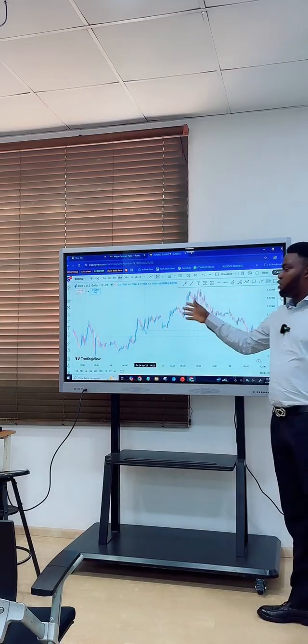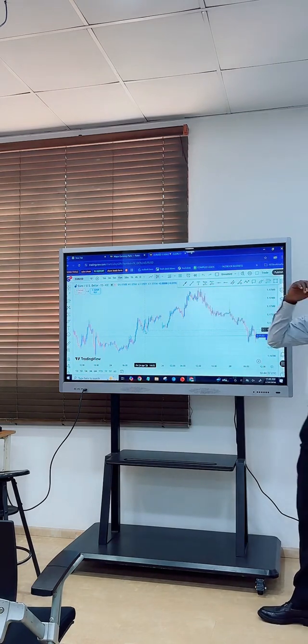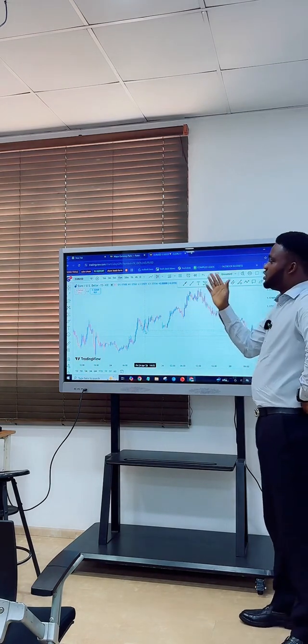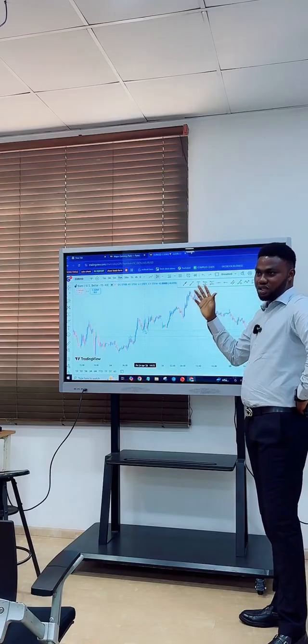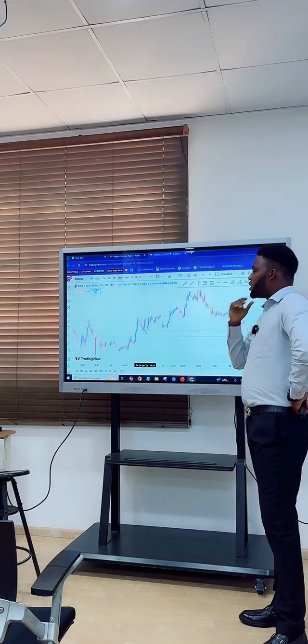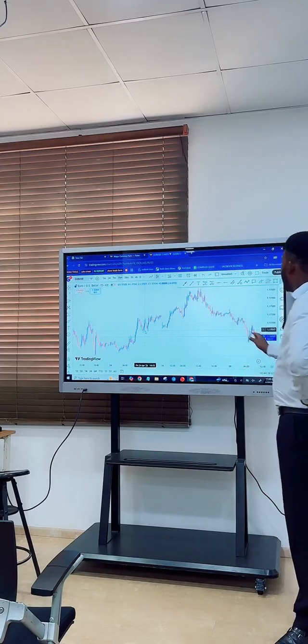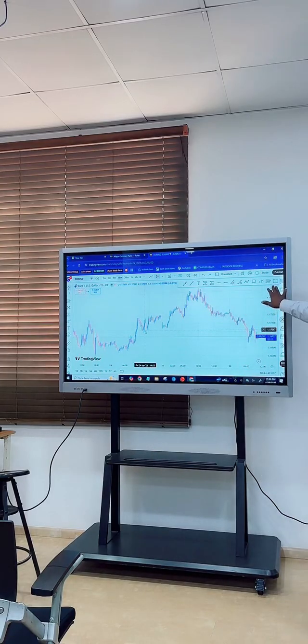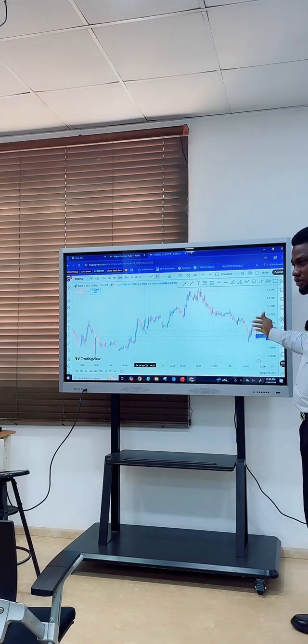This is a pair of EUR/USD. In EUR/USD, the euro is the base currency and the US dollar is the quote currency. If you look at this chart, you are going to see numbers here. These numbers refer to the price of the market per time. This is where it is now. It's a live situation, the current state of the market.